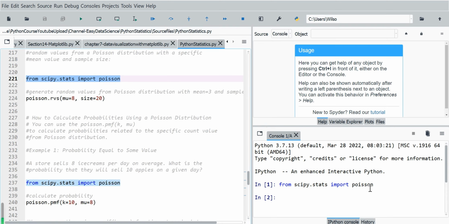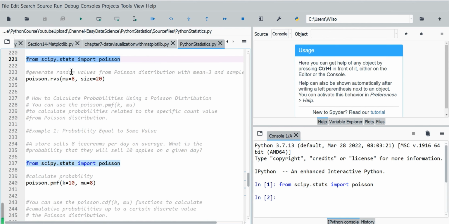If it is not available, we have to install scipy, but usually it is bundled with the Python installation, for example if you use Python in the Anaconda framework.